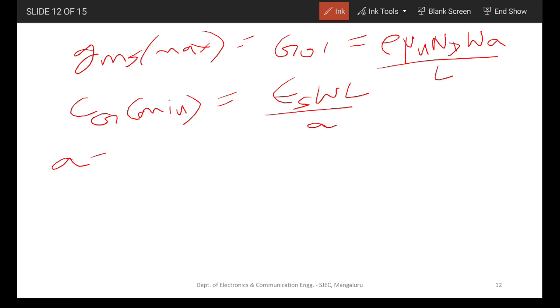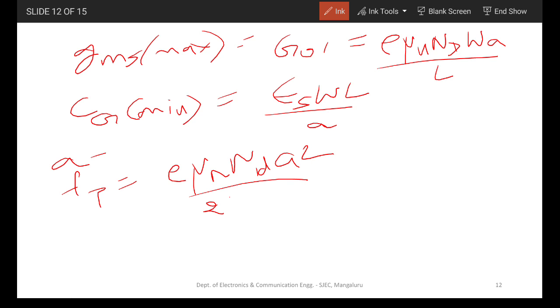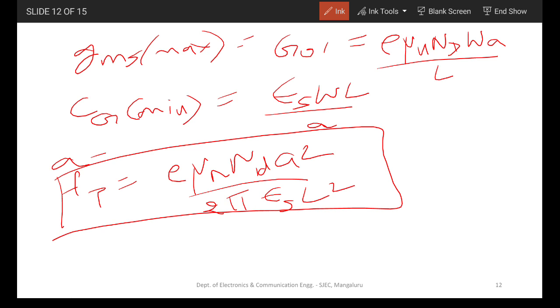The maximum cutoff frequency can be written as ft equals e mu n Nd a square divided by 2 pi epsilon s L square. So this is the maximum cutoff frequency.